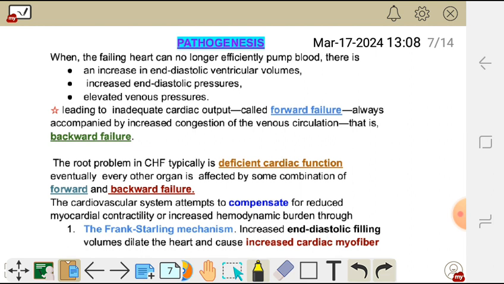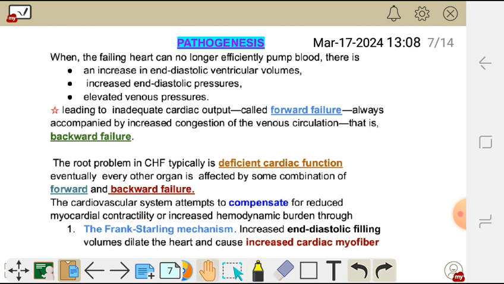The spleen is also going to be affected. That's why they are saying other organs will be affected by this deficient cardiac function.